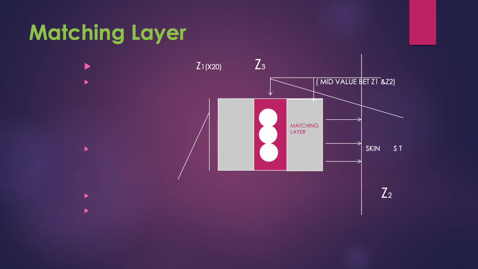That's how the matching layer managed to overcome the difference in acoustic impedance between piezoelectric elements and soft tissue, because it itself has an acoustic impedance that is a mid-value between those two. So Z3 is a mid-value between Z1 and Z2. By overcoming this difference, the matching layer managed to facilitate the passage of the sound beam through the skin interface.